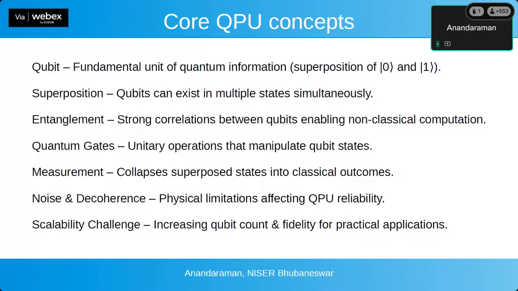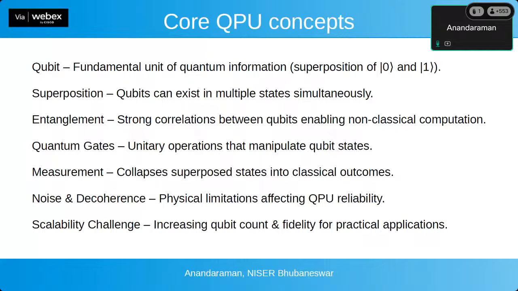Noise and decoherence are physical limitations that affect QPU reliability. We have to maintain the right temperature, otherwise environmental factors will affect the position and momentum, so the state will keep changing and you cannot do any computation.